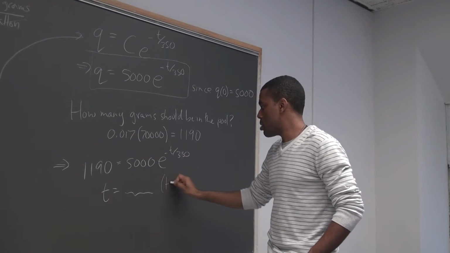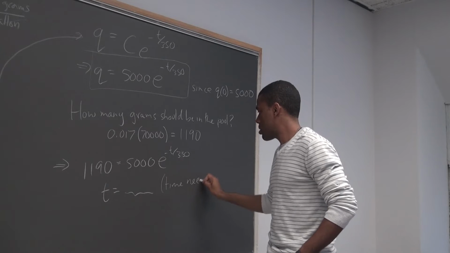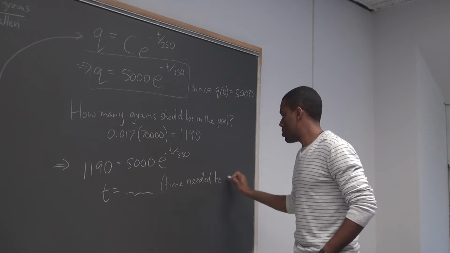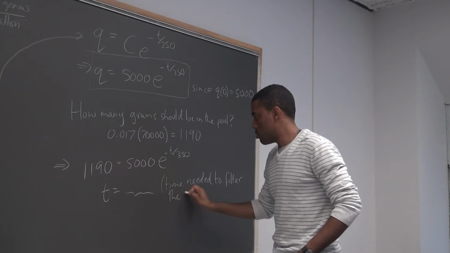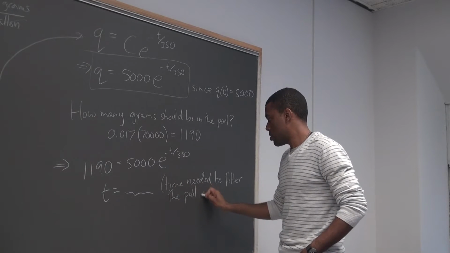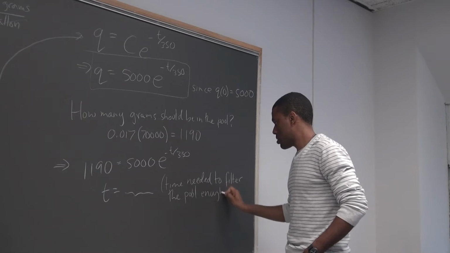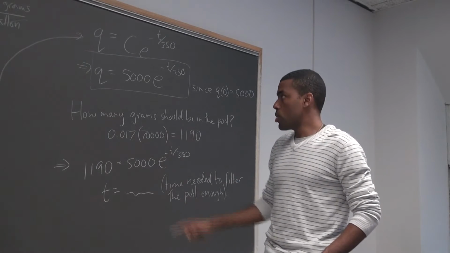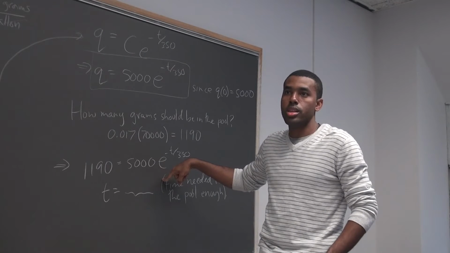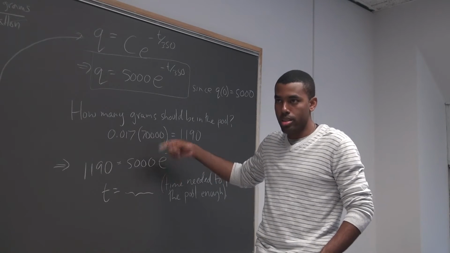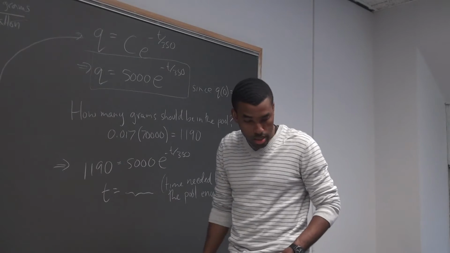And this would be the time needed to filter the pool enough. Right? And of course, remember your units. I think the time here would be in minutes. You have to change it to hours and see, is it greater than or less than 5? And then you can answer the question based on that.